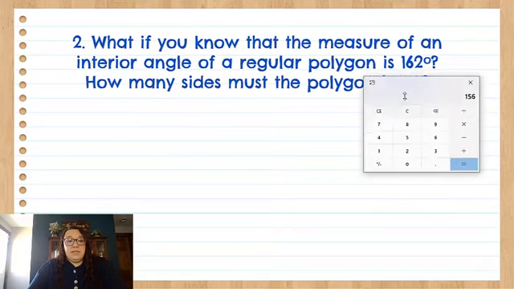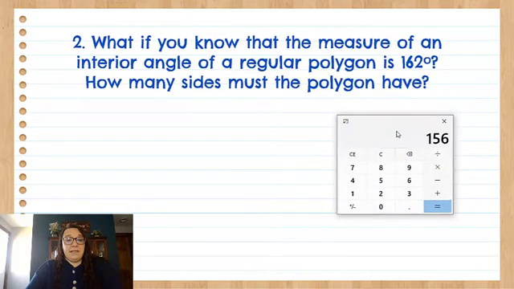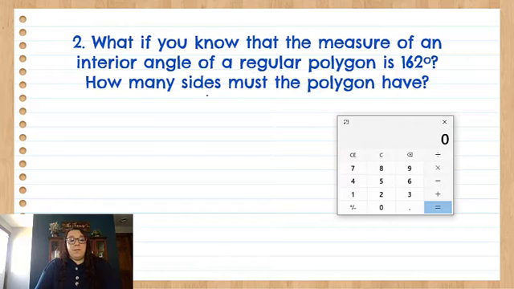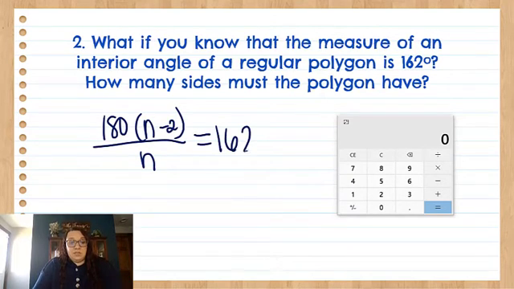Number 2 says, what if you knew the measurement of an interior angle of a regular polygon is 162 degrees? How many sides must the polygon have? We know the measurement of just one of them is 162, but we don't know n. So let's go backwards. We normally would take n minus 2 times 180, and cut that into n pieces, and we would get 162 out.